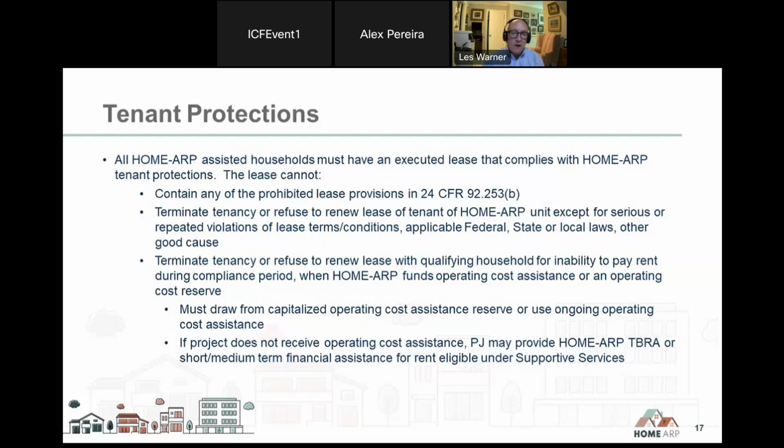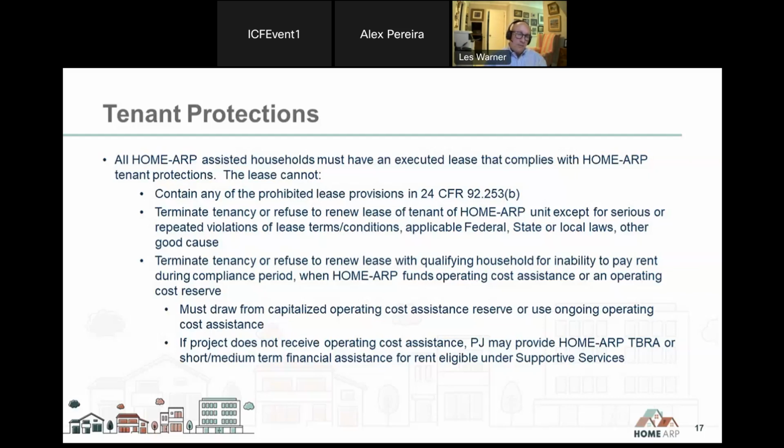So Alex talked earlier about the flexibility that our projects have. In the case where we have a household that does not have some kind of project-based or tenant-based rental assistance that's going to make that unit affordable for them, HOME-ARP does allow us to use HOME-ARP funds to provide operating cost assistance.